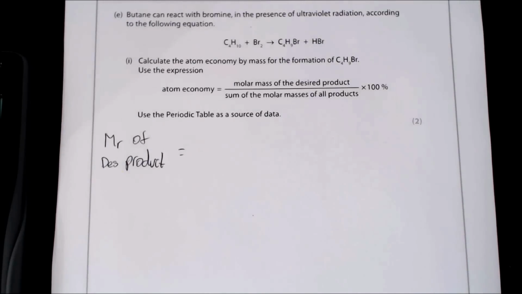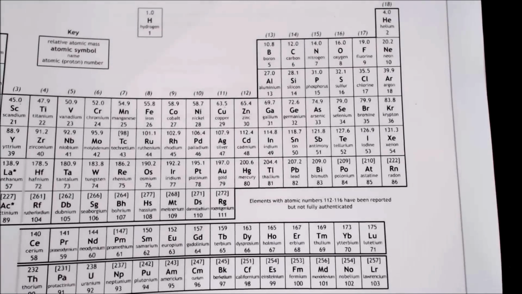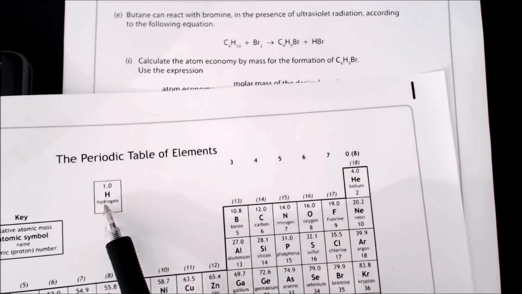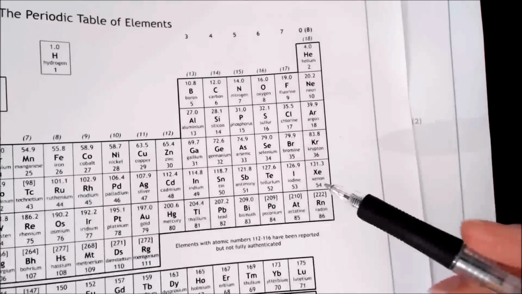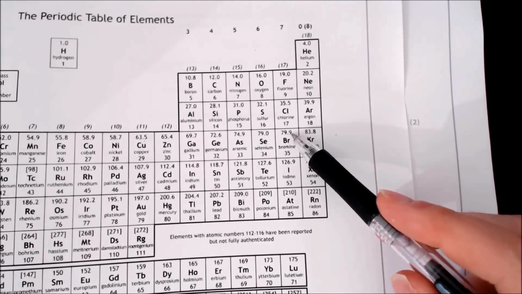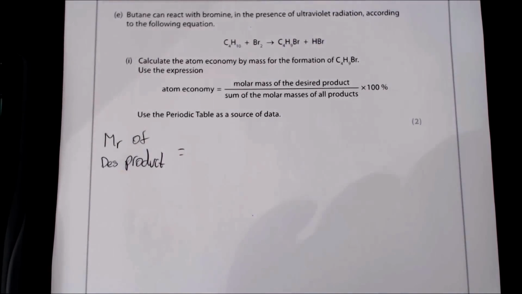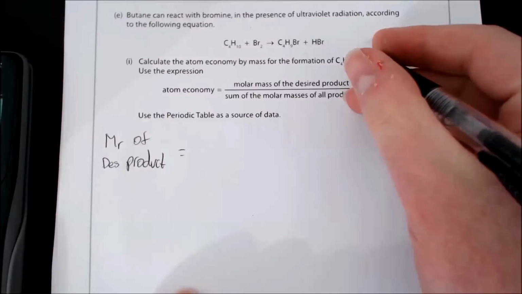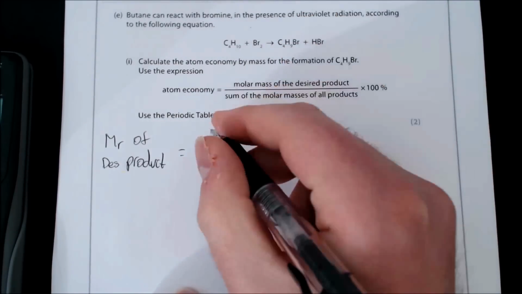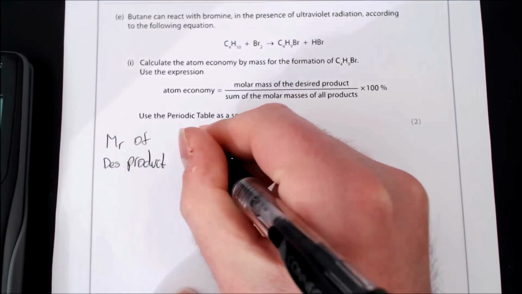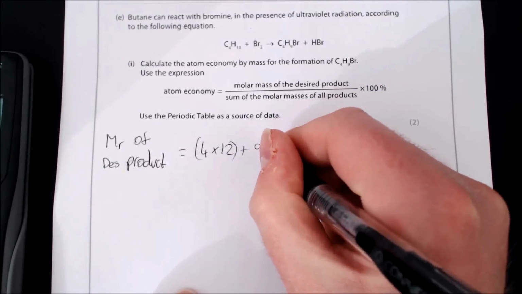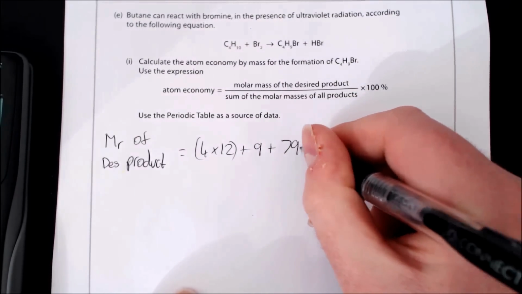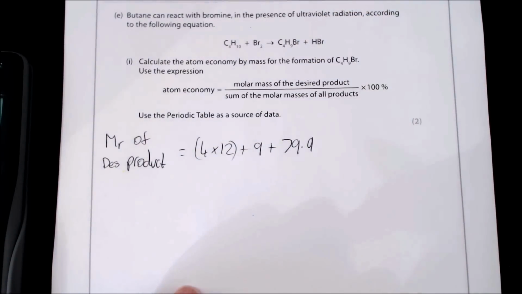Now if we use our periodic table, which we've got here, you can see that carbon is 12, and we've also got hydrogen's 1, and then bromine, which is on here, bromine has a mass of 79.9, as you can see on there. So we're going to add all that up, and we should get, so we've got obviously 4 times by 12, which is the 4 carbons, plus the 9 for the hydrogen, plus 79.9 for your bromine.